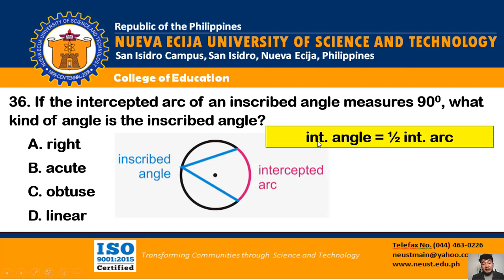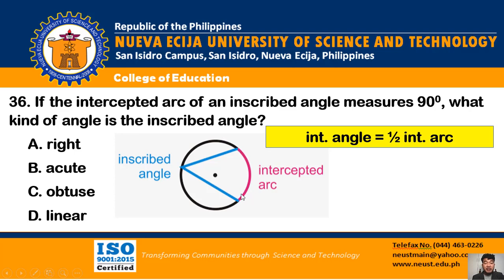Here we have the inscribed angle is equal to 1/2 of the intercepted arc. Meaning, for you to get the measurement of the inscribed angle, you have to multiply the measurement of the intercepted arc by 1/2.